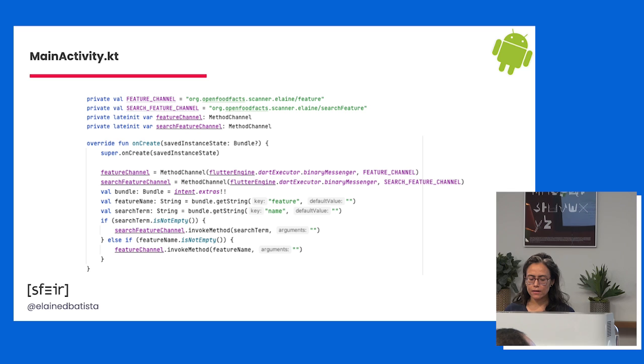And then I would simply invoke a method. This function right here is going to be triggering something on the Flutter side that we're going to be seeing just after. And then the same for the search term. You have right here, the name is going to be the search term. When I said look up chocolate on Open Food Facts, chocolate would be retrieved right here, and then I will invoke the search feature channel with this parameter.